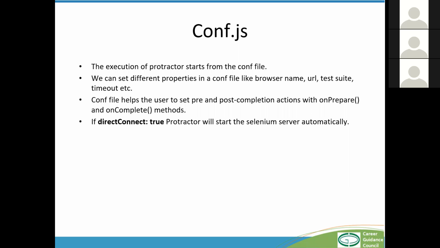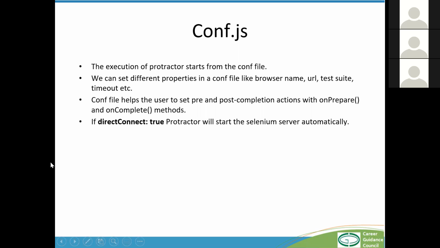Self-explanatory methods. Whenever your execution starts, whatever you have written inside onPrepare will be triggered. Once your execution is complete, whatever is written inside onComplete will be triggered. For example, reporting related code will go inside onComplete. Code for automating the compilation of ts to js will go inside onPrepare.